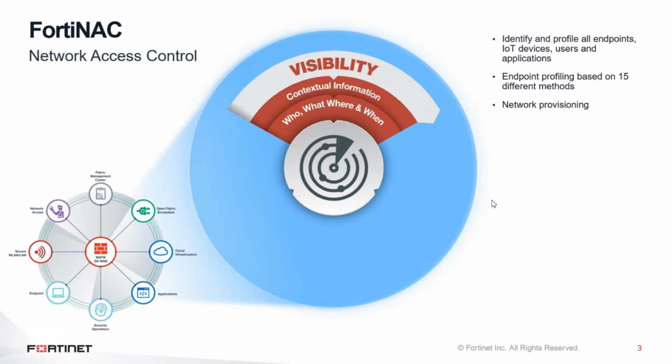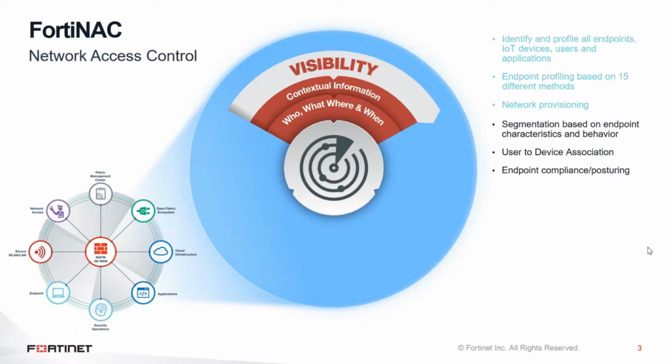And this visibility includes not just seeing the IP address of the connected device, but also the ability to profile the device and identify what type of device it is, so that IT knows what is connecting to your network as well.